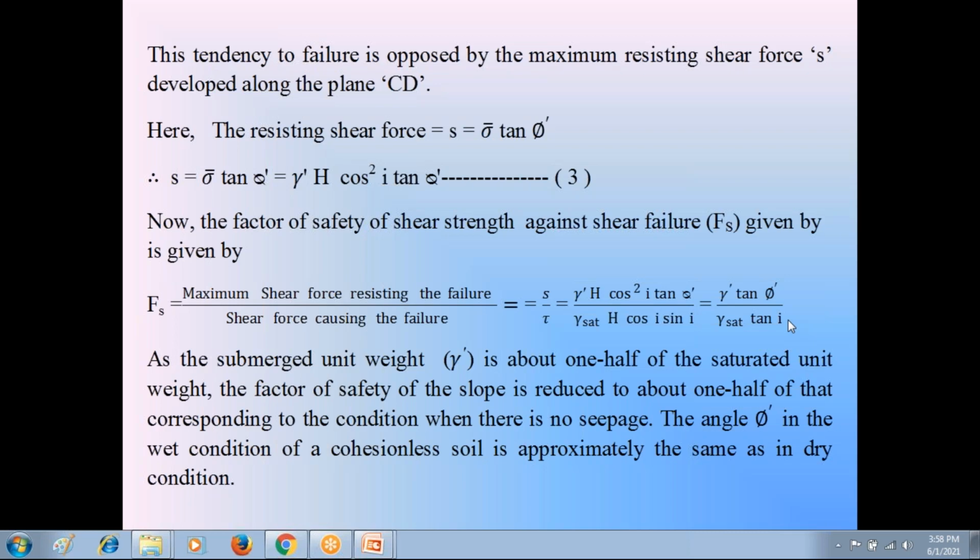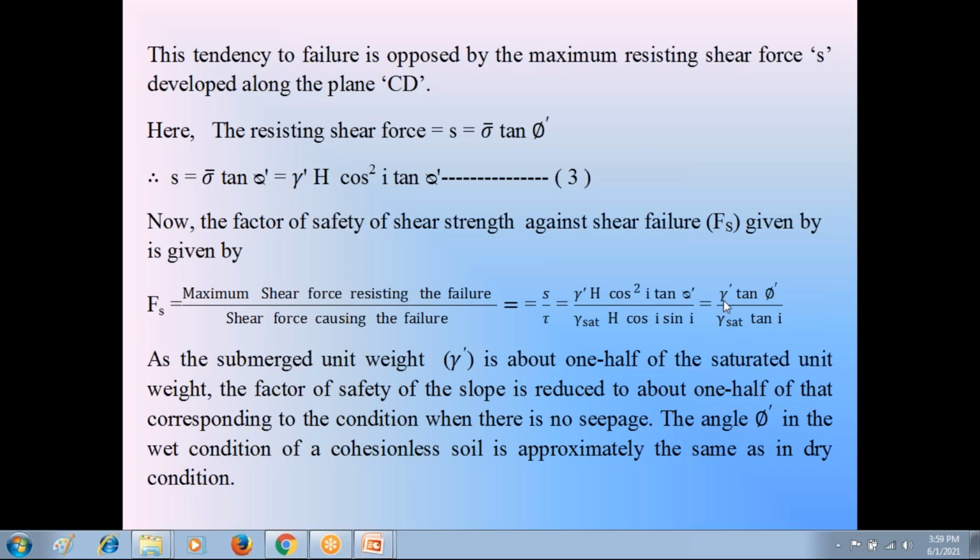In soils, this gamma dash is always less than gamma saturation. Normally gamma dash is half of gamma saturation. So the factor of safety in the seepage flow condition, check this equation carefully.